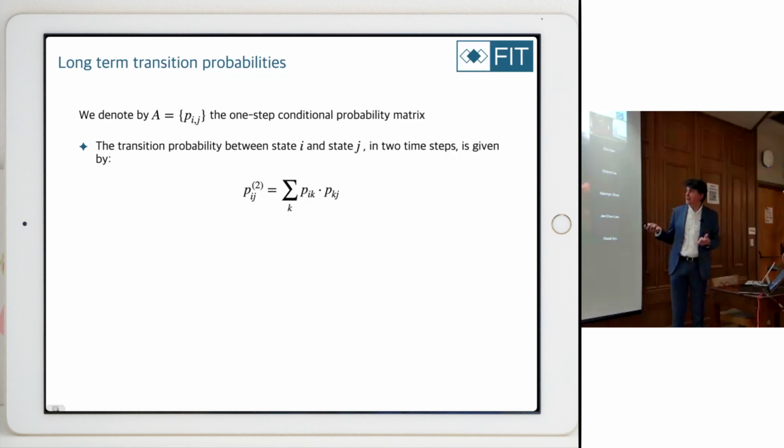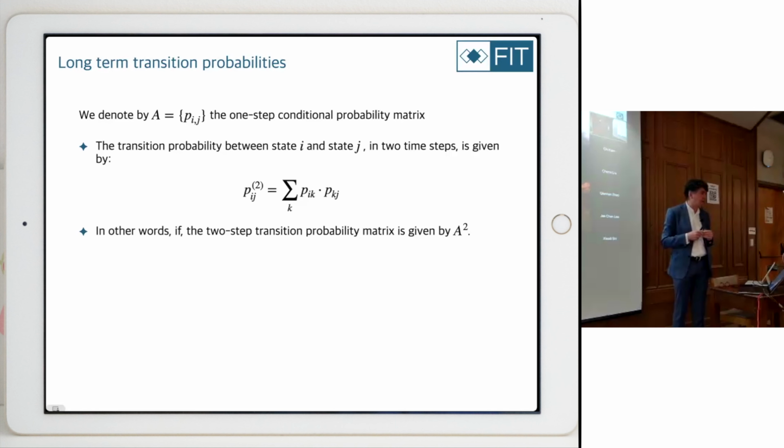The probability that I go from i to j in 2 years is the probability that I go from i to all intermediate k's, and then from k go to j the year after. And that's that probability, right? Yes? But you would recognize that these are the elements of the product of the matrix A with itself, right?